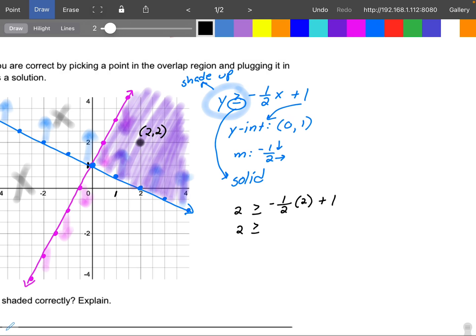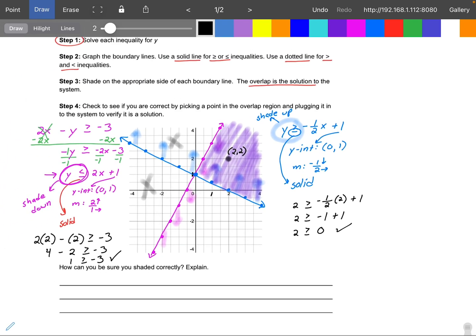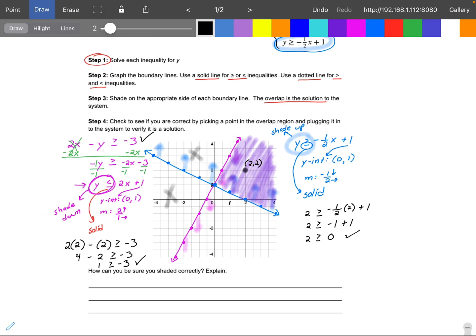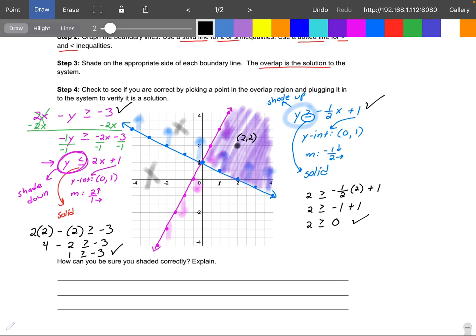So -1/2 times 2 would be a -1, and then we have plus 1. So then -1 plus 1 is 0, and 2 is definitely greater than or equal to 0. So that one works as well. So because it worked in both of our original inequalities, that means that that answer is correct. We have the correct shaded region.